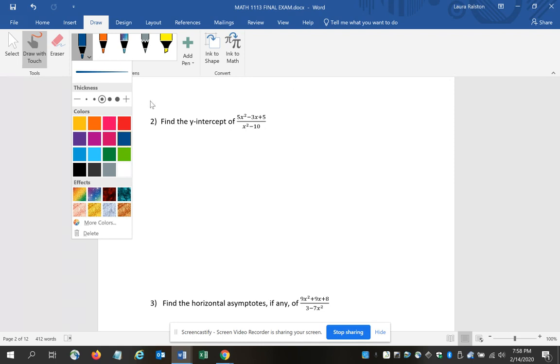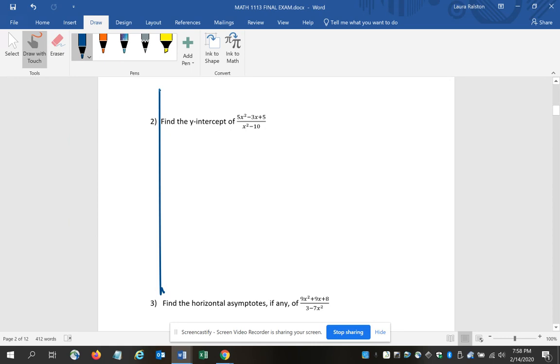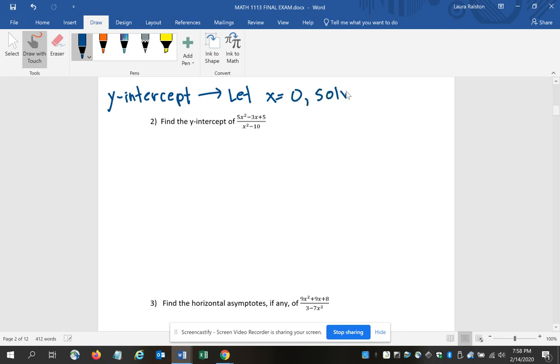Okay, to find the y-intercept for any function, we simply let x equal 0 and we solve for y. So to find the y-intercept, we let x equal 0 and solve.